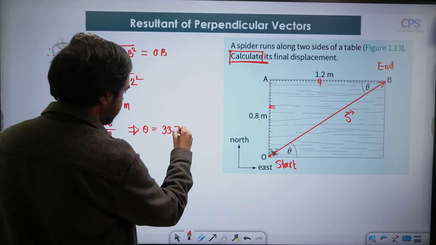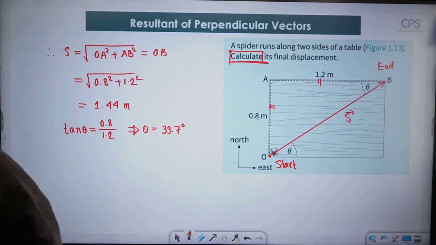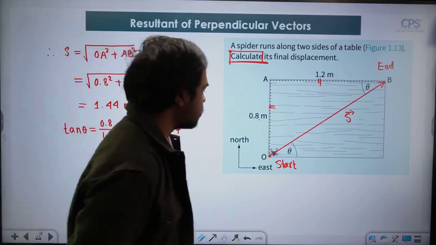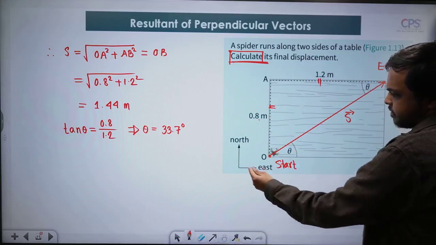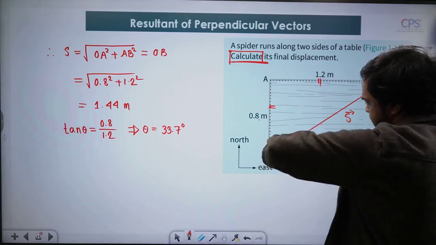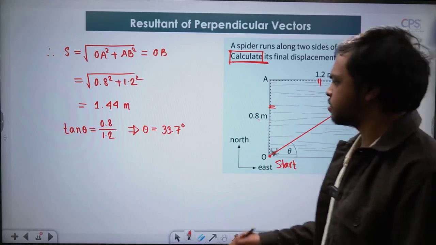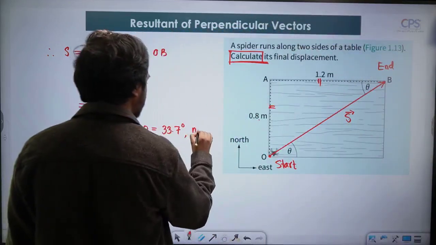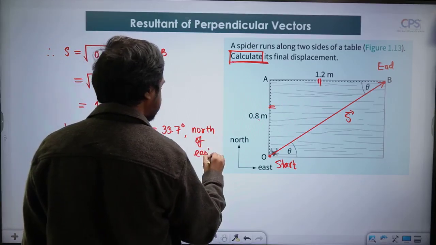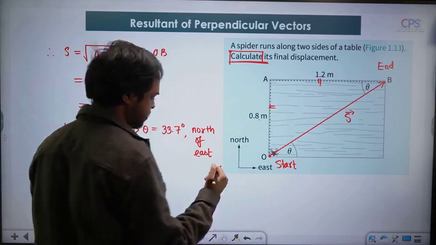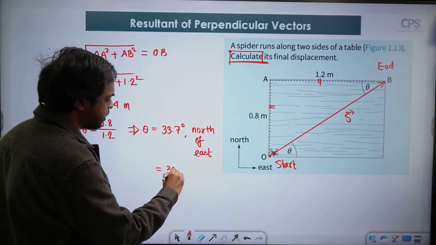33.7 degrees. So how do you specify it? See, this theta, this is east, this is north. So this theta is north of east, right? North of east. So we'll tell it north of east. From east it is in the northern direction. Okay? Or you can tell it a more smarter way.